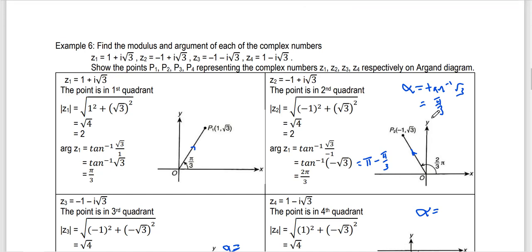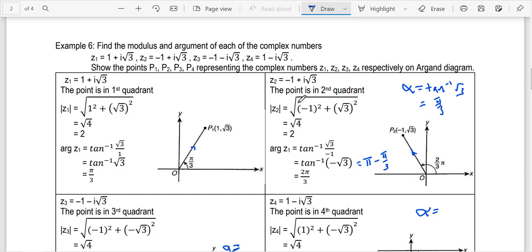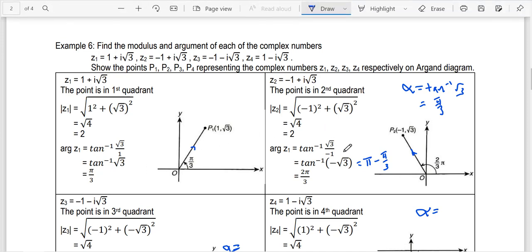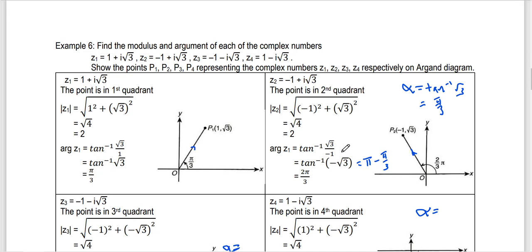You must know the position of the complex number, because you need to decide whether to take the basic angle, the acute angle or the obtuse angle. So the second one, because of -1, is in the second quadrant.